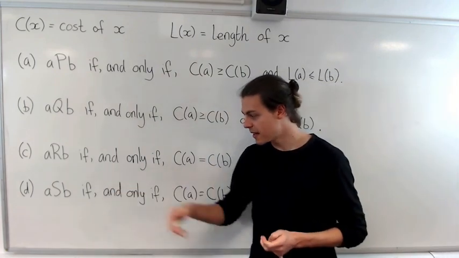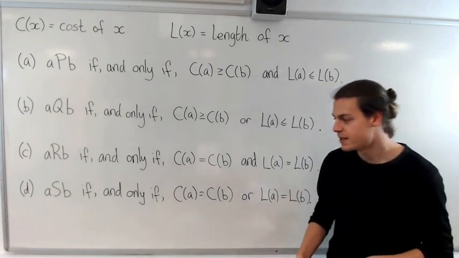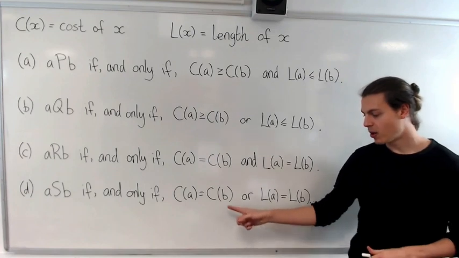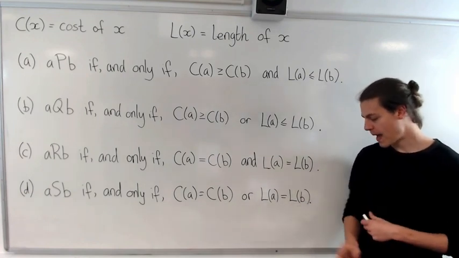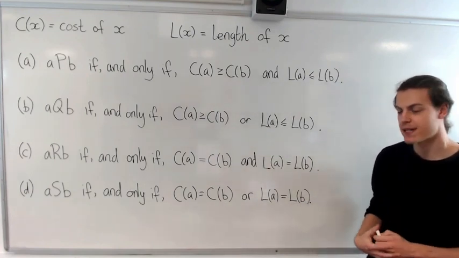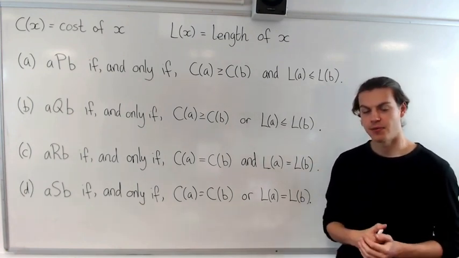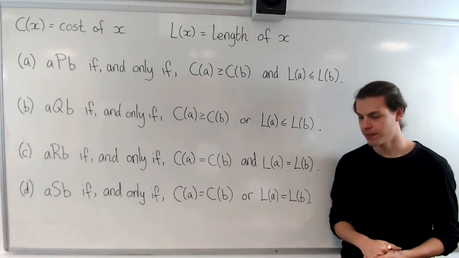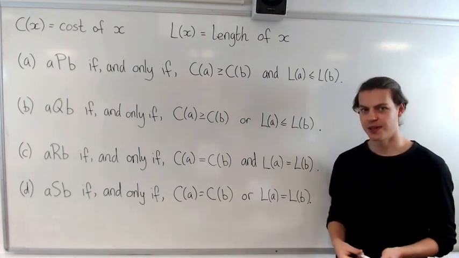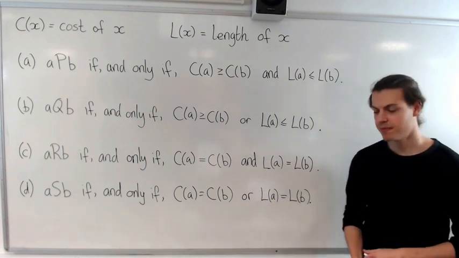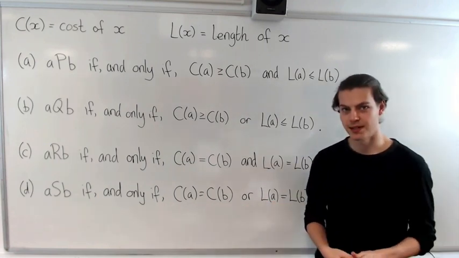Now, D next. A is related to B if and only if A and B cost the same, or A and B have the same number of pages. Again, this is a reflexive relation. Any book costs the same as itself, so it satisfies the first condition, and so it's related to itself.